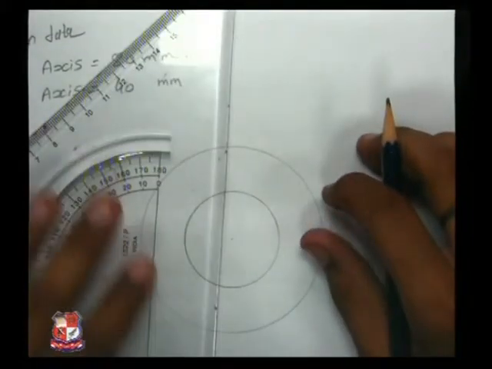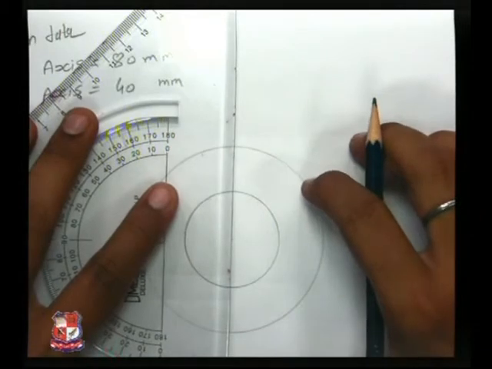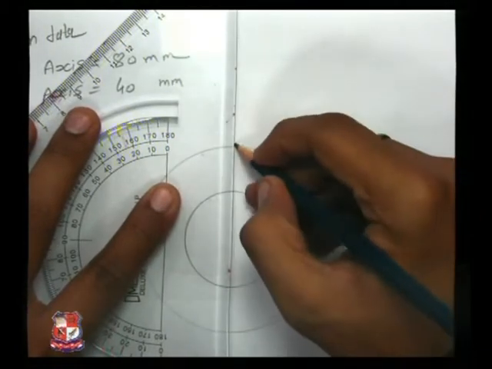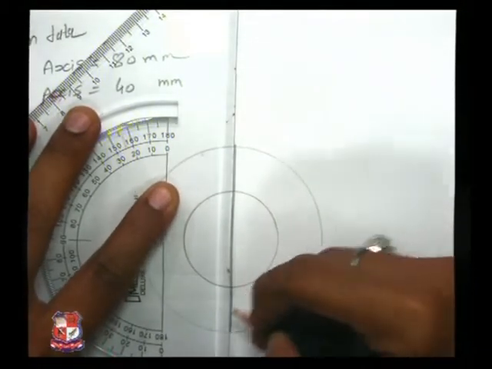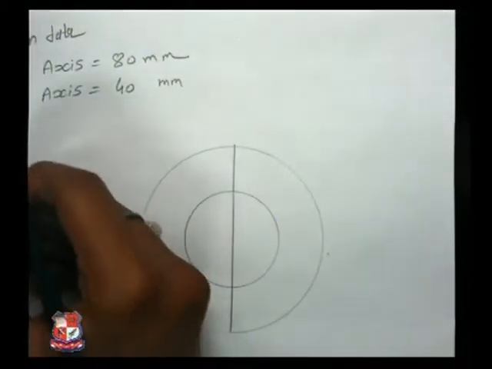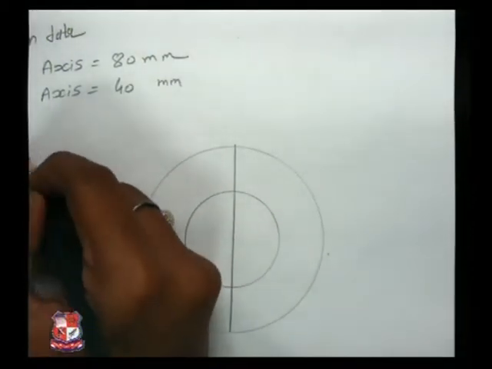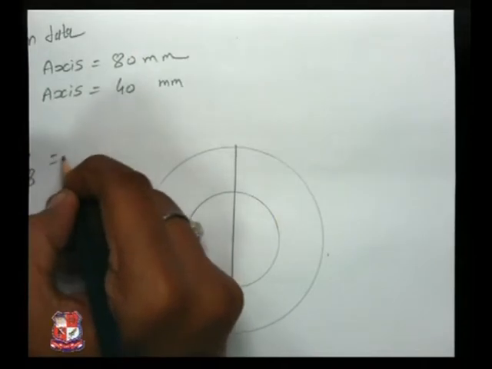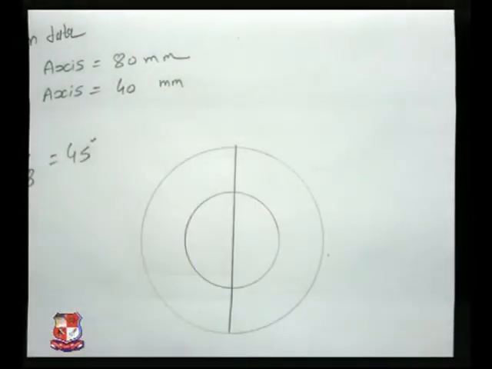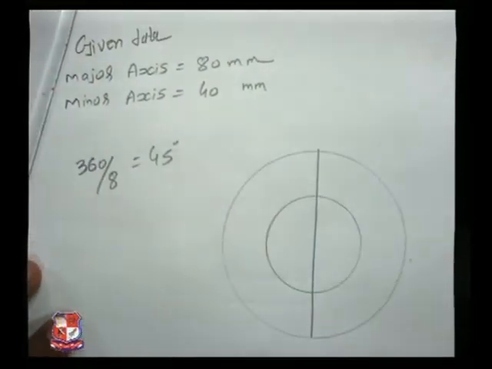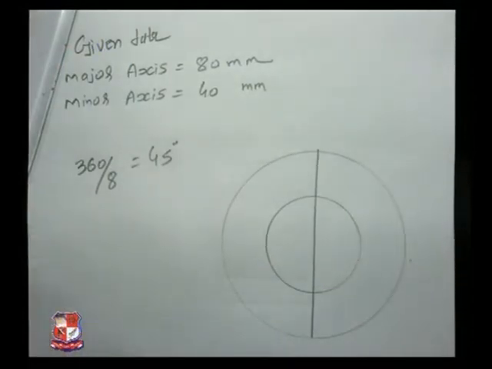I will divide this circle into 8 equal parts. 360 degrees divided by 8 is equal to 45 degrees. Each section of 45 degrees.